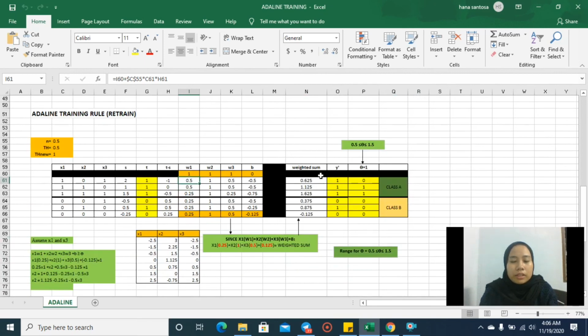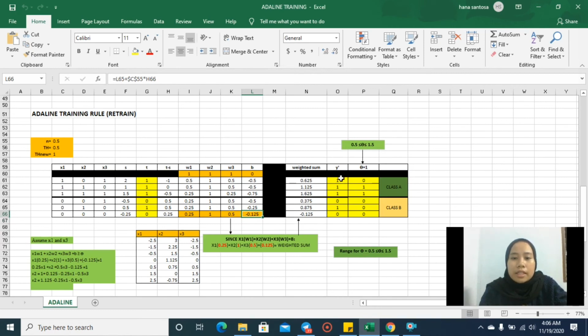For the weighted sum, x1 times w1 plus x2 times w2 plus x3 times w3 plus b, and before that, the values of w1, w2, w3, and b we are using are 0.25, 0, 0.5, negative 0.125.